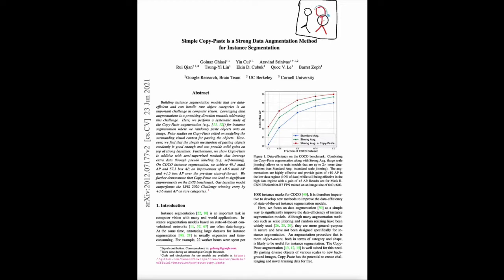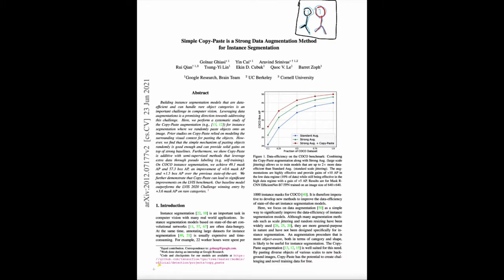You get the pixels that encompass this person and the pixels that encompass this person here, and since it's instance segmentation, each object or each instance in the image is going to get a different label. Let's say this is person number 1, this is person number 2. So this is instance segmentation.